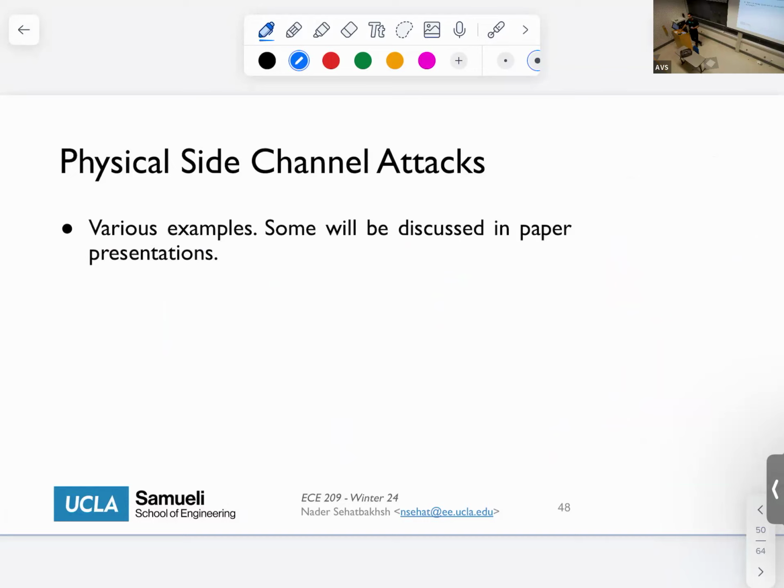There are many various examples. As I said, you're going to see some of it. There's another interesting one that people have found: if you have a CPU and an FPGA, they're not connected to each other, but they share the same power. People have shown, and you will see it next week, that the power consumption of this CPU will impact the power consumption of this FPGA.